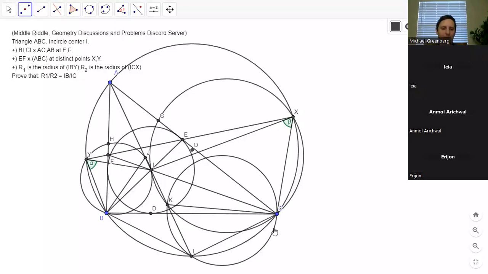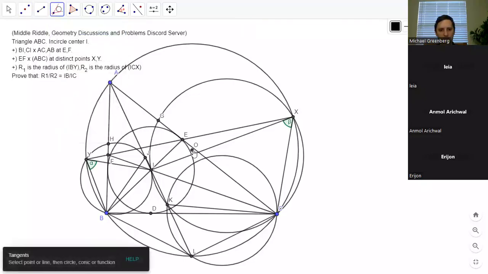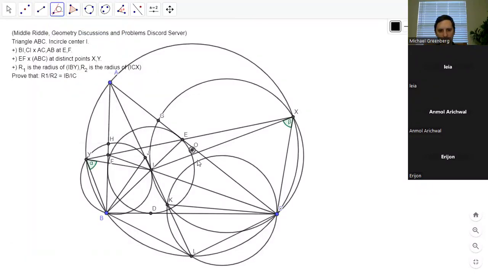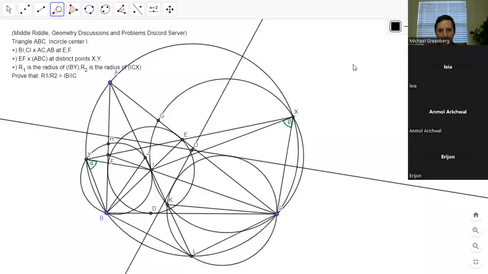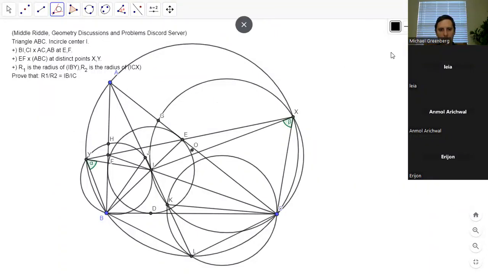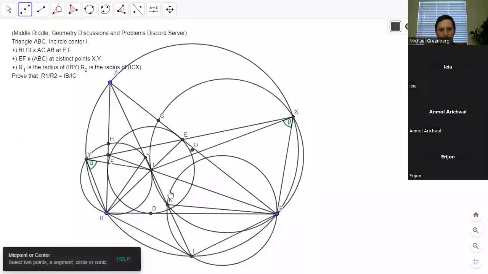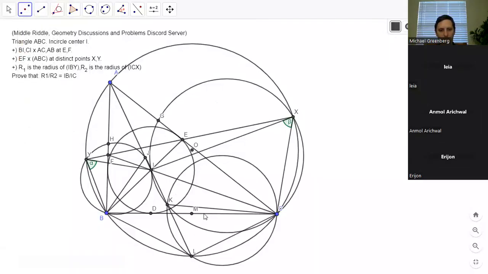A lot of equivalent things, but I'm not sure how easy any of them really are. Or if we could show the midpoint of BC has the same power with respect to both of them.